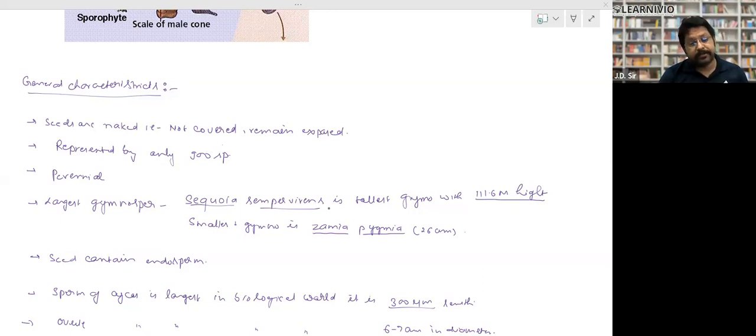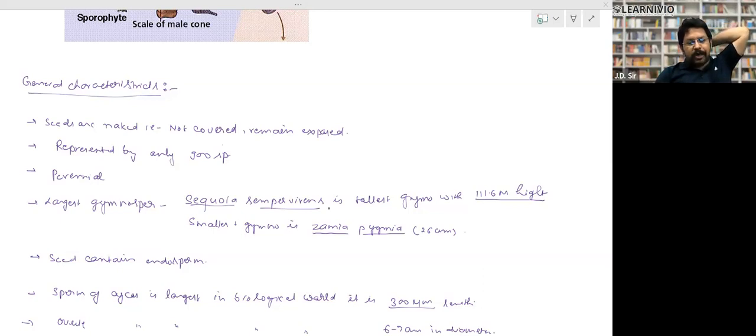That is approximately 350 feet high, equivalent to a 35 floor building. Now you can imagine how large the plant is.